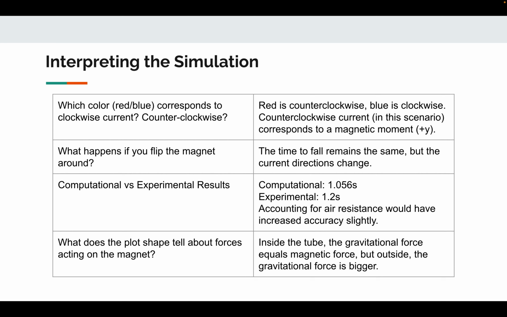Red is counterclockwise, while blue is clockwise. The counterclockwise current in this scenario corresponds to a magnetic moment with a plus y hat. And what happens if you flip the magnet around? Well, the time to fall remains the same, but the current directions change.